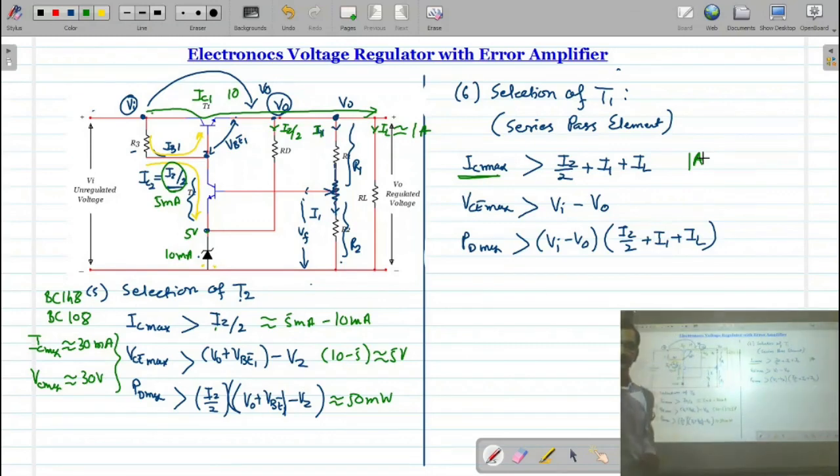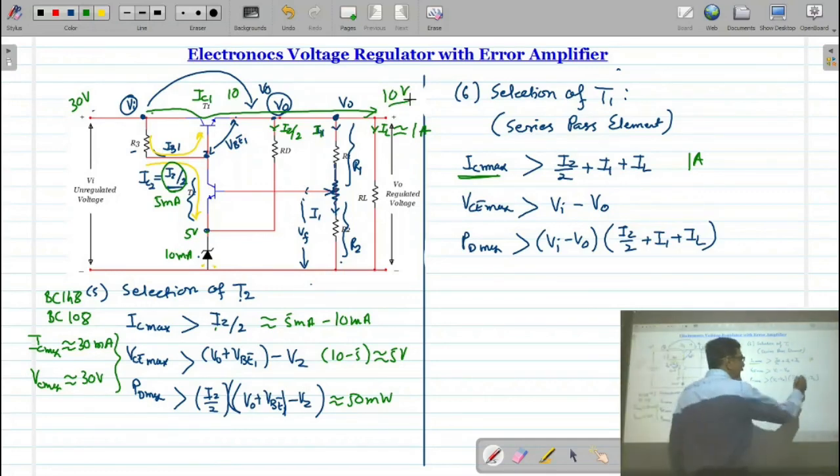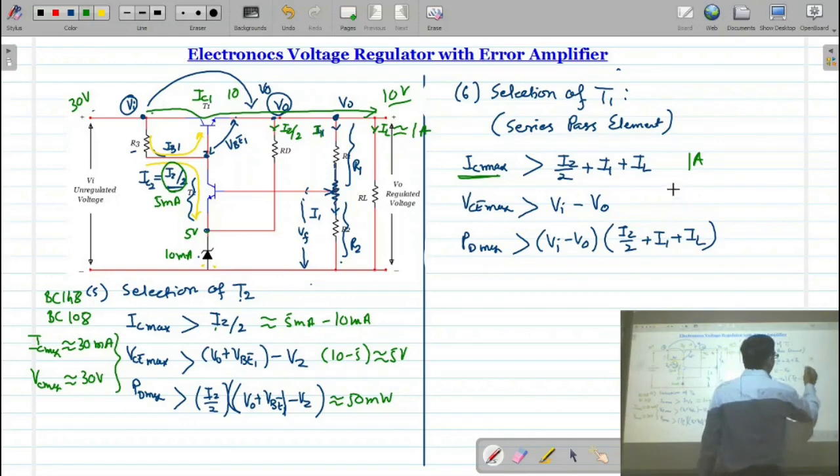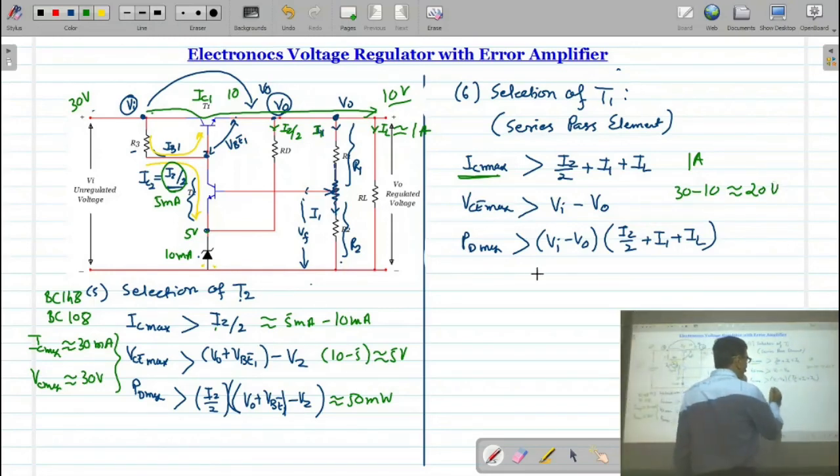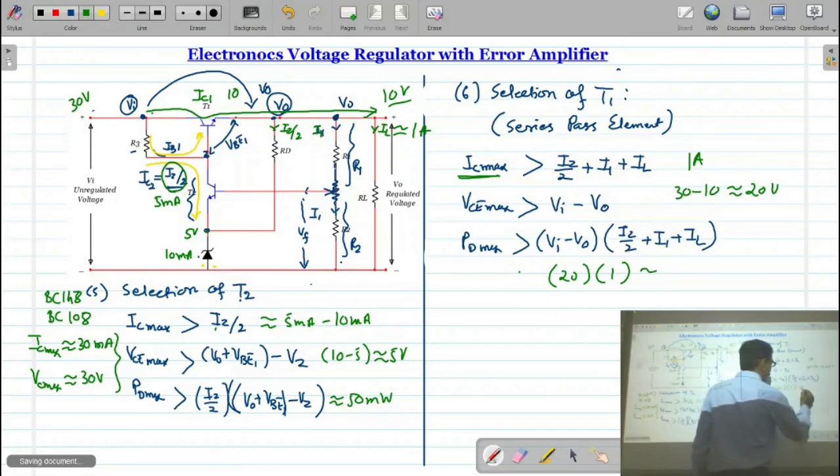Then Vi minus Vo: suppose my input voltage is 30 volt and my required output voltage is 10 volt. Then the difference is 30 minus 10, so roughly 20 volt. And if you calculate the power dissipation, it will be 20 into 1, so roughly 20 watt.